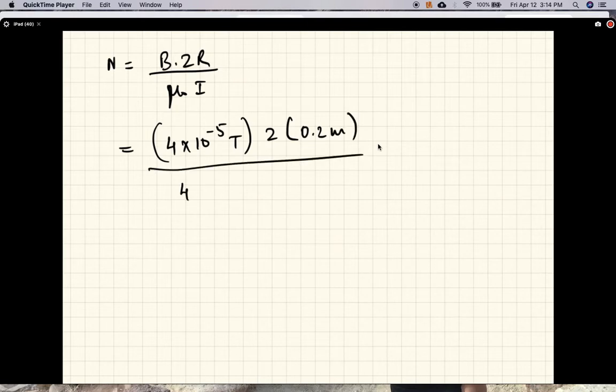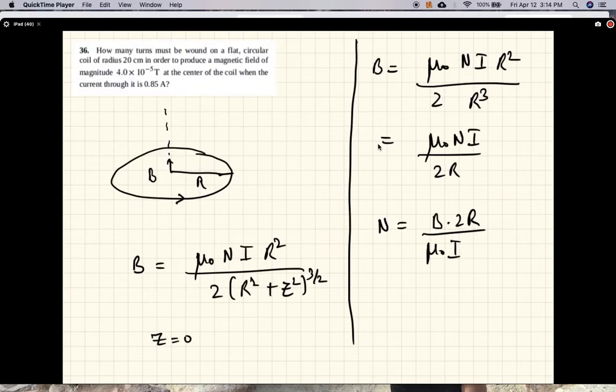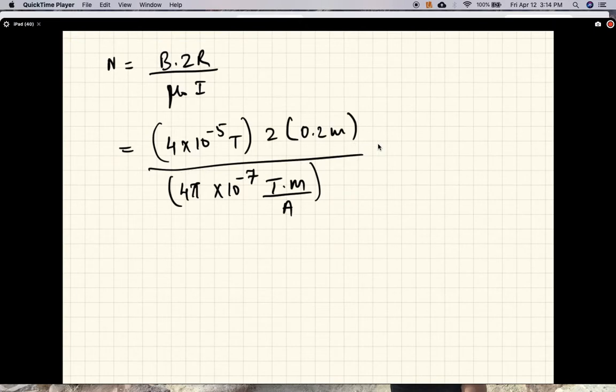Mu naught is 4 pi times 10 to the minus 7 Tesla meter per amp. And the current is 0.85 amps. And you see all the units cancel, so N is just a number.